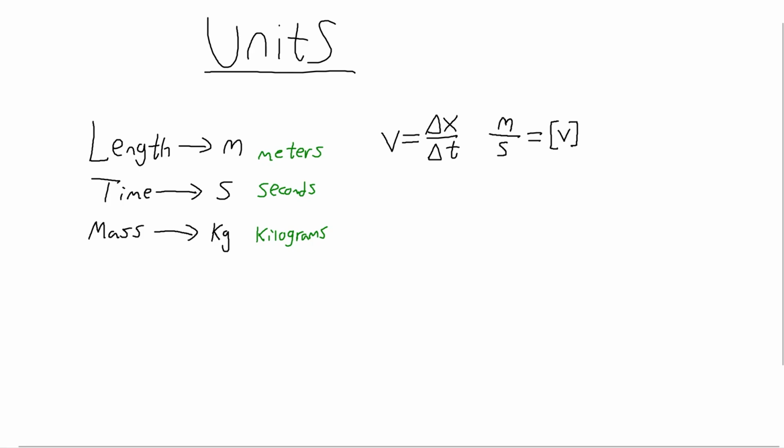And anytime you see brackets like this, that means you're finding the units of it, you're not finding the actual answer. Well, let's do the same thing for acceleration, which is the change in velocity over the change in time. Well, the units of velocity we just found are meters per second, and then the units of time are seconds. So then the units of acceleration are meters per second squared.